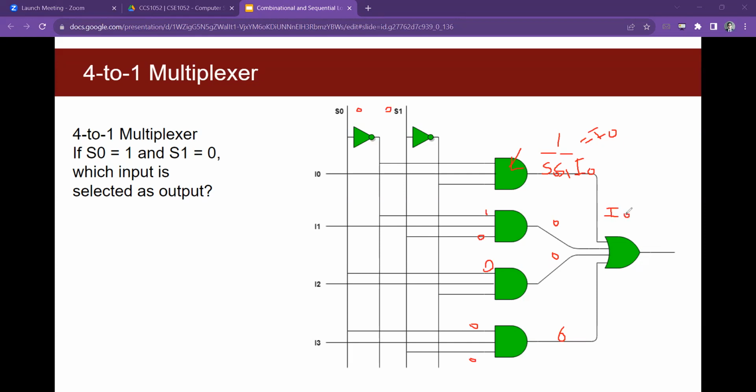I0 plus 3 zeros, which means it will be I0. Likewise, it will give only one output. So please draw these diagrams and see, then you can easily understand.